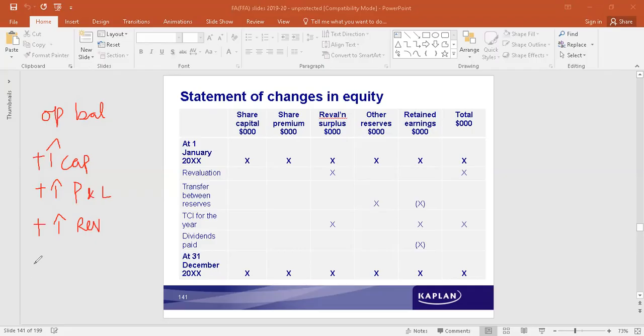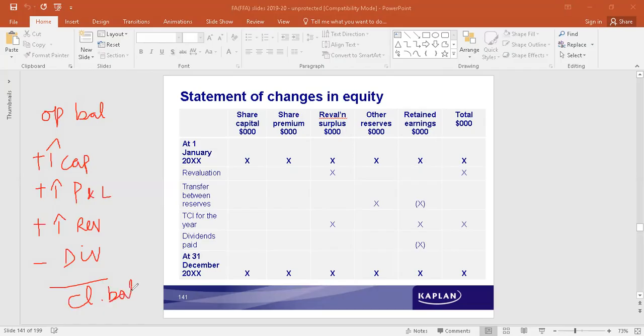Apart from that, any kind of a payment that is made, that is dividend payment that is made, is deducted. And the resultant figure is the closing balance. This is basically what is the change that happens with respect to equity in the current period.